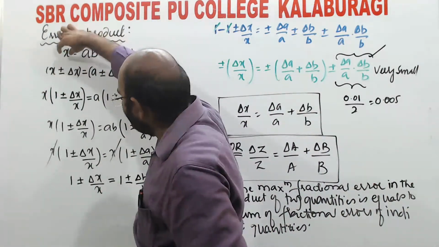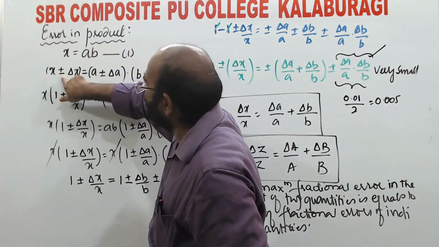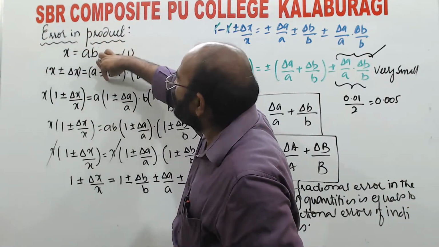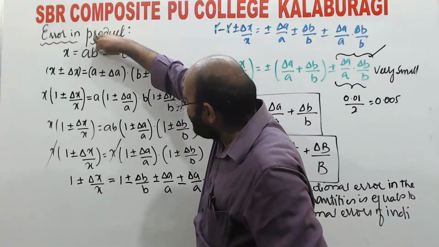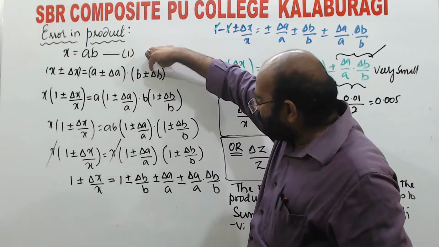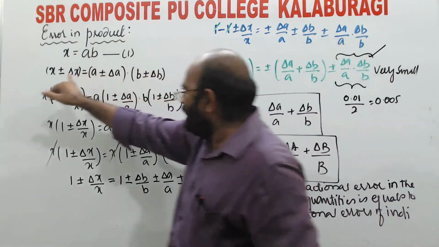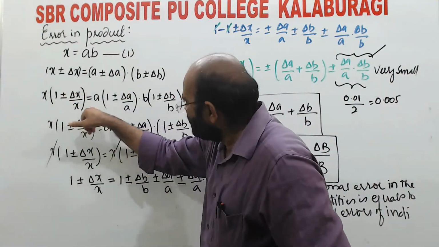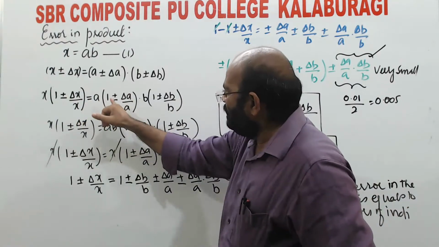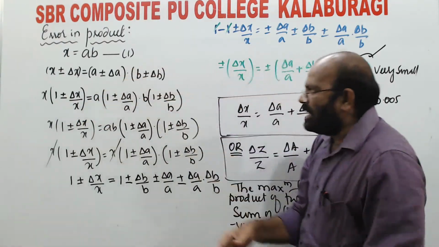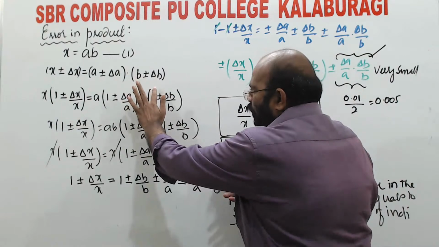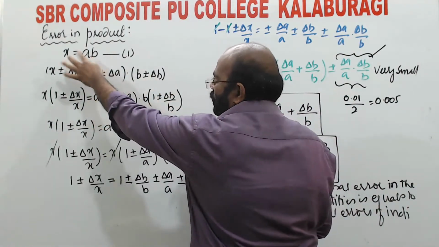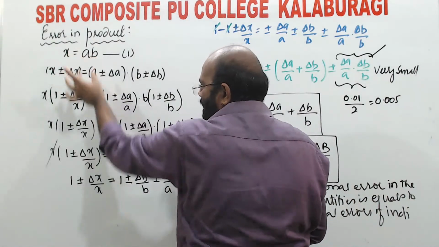Then the error associated with this value is x plus or minus delta x, the error associated with A is A plus or minus delta A, and similarly the error associated with B is B plus or minus delta B. Then taking x as common, we get x into 1 plus or minus delta x by x, which is equal to A common, 1 plus or minus delta A by A. Similarly, B common, 1 plus or minus delta B by B. Then AB is also called what? From equation 1, AB is written as x.